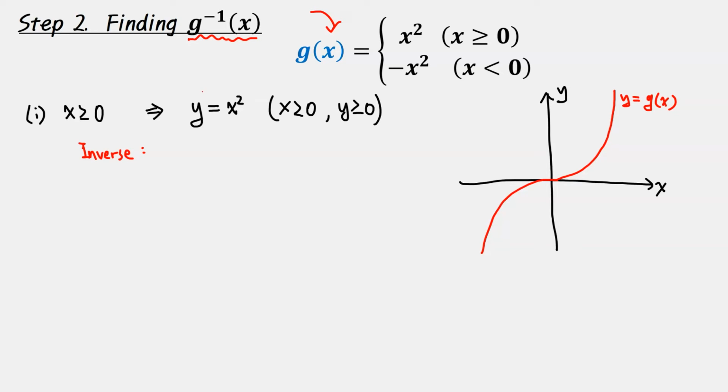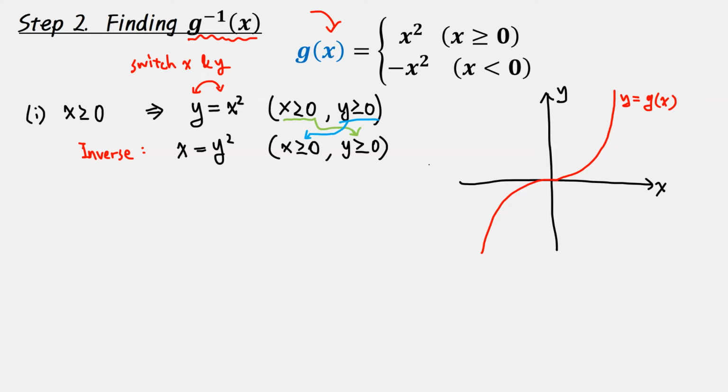In order to find the inverse, we must switch x and y. So the inverse is x equals y squared, and the original range of x now becomes the range of y, and the original range of y becomes the range of x in the inverse. So we have these ranges for the inverse.